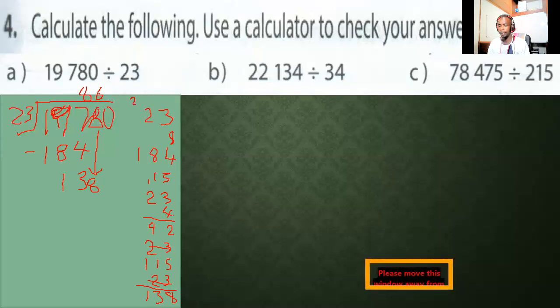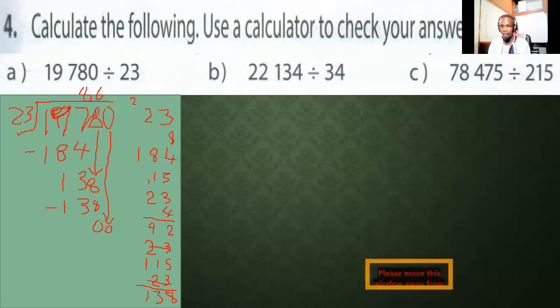Now I say 6 times 23, I get 138. Can you see that? 138 minus 138, 0. Then I still have a 0 here. I bring this 0 down here.